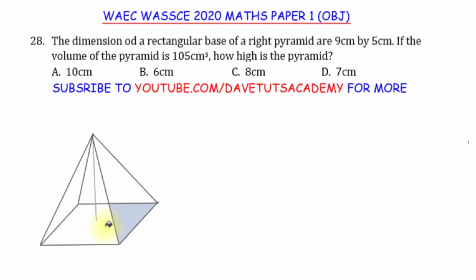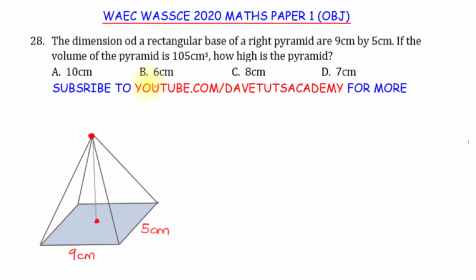So we can take this as the base, and we have been told that it has some dimensions, that it is 9 centimeters by 5 centimeters. So if you want to label appropriately, this is 9 centimeters and this is 5 centimeters. You can see the apex, the peak of the pyramid, is directly above the center of the base.